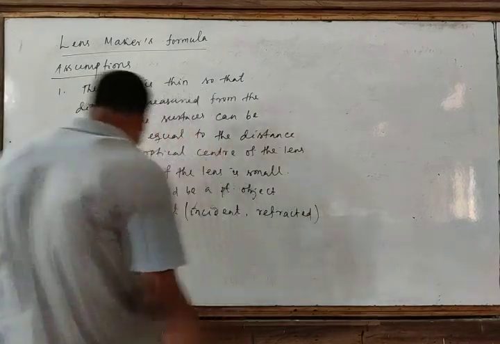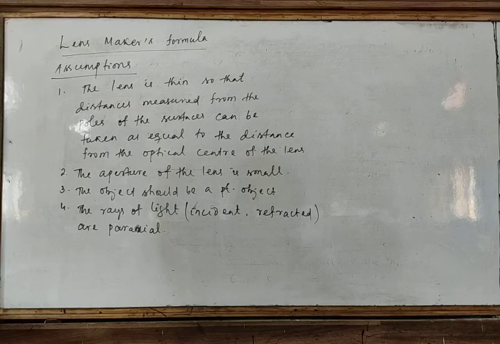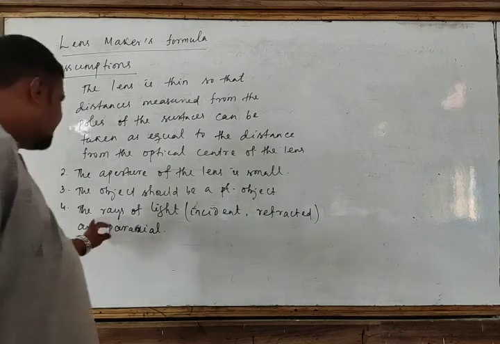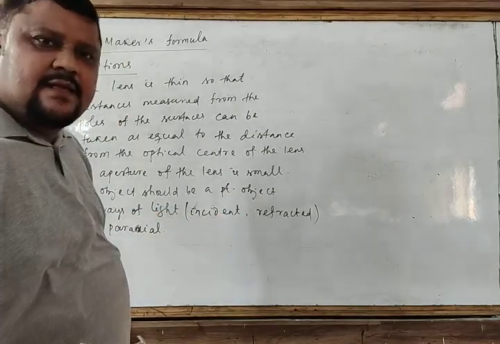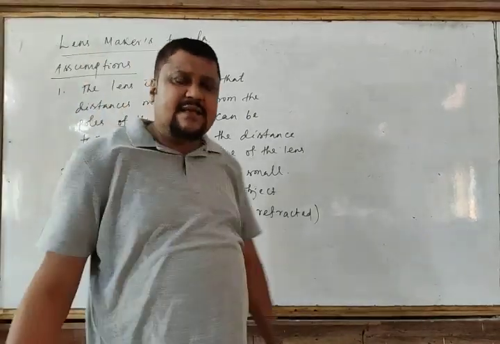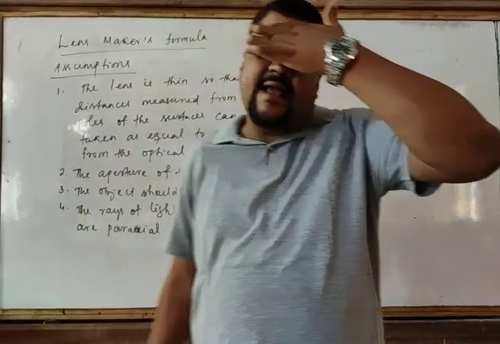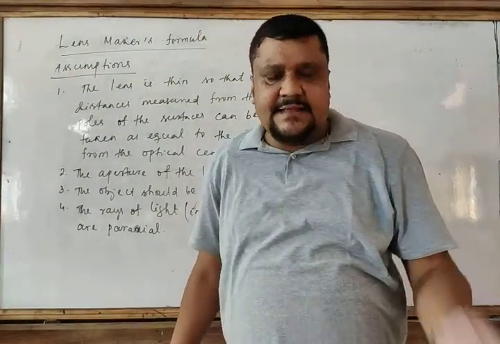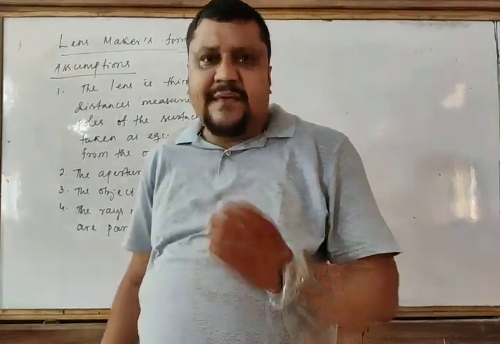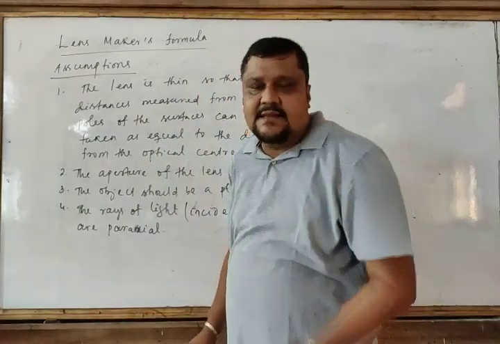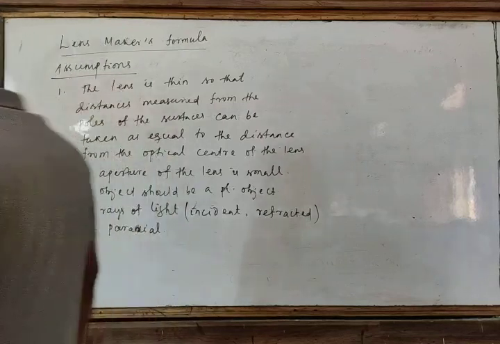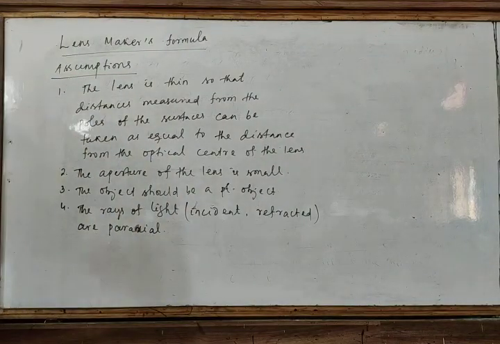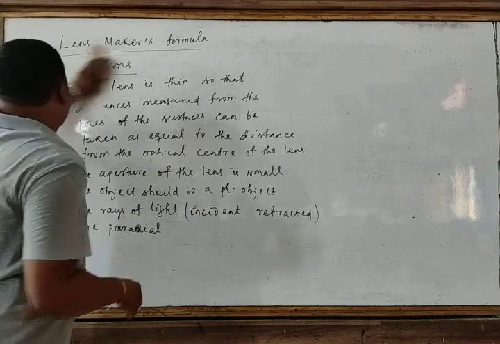The incident ray and refracted ray are para-axial. Para-axial means the incident ray, the refracted ray or the emergent ray from the lens make small angles with the principal axis. Clear? So with these assumptions, we will now derive the lens maker formula.